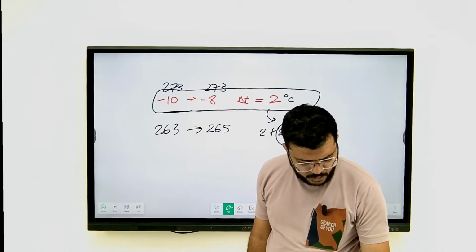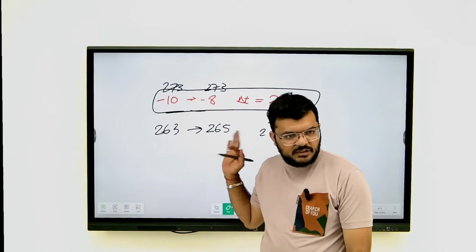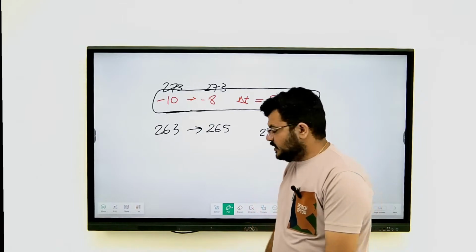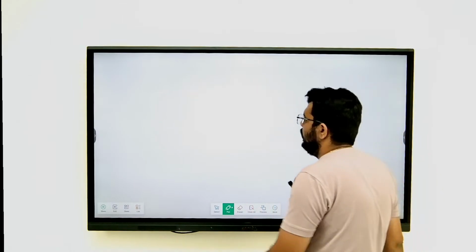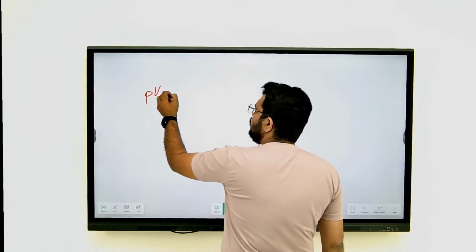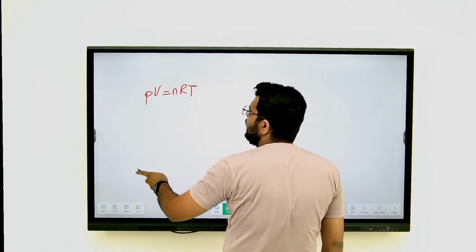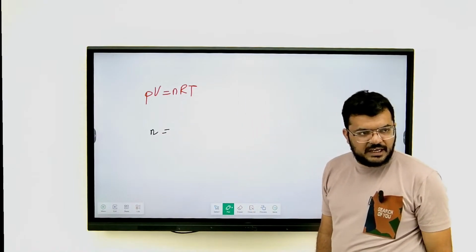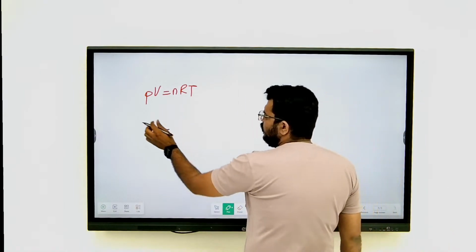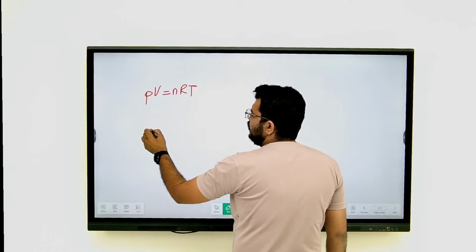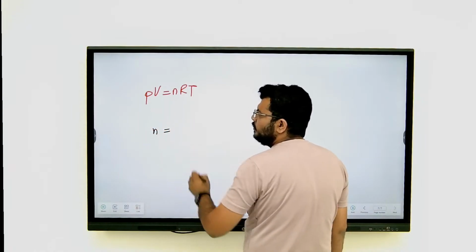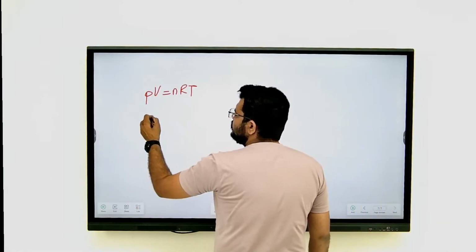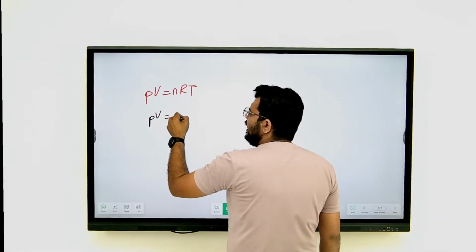They never ask you Boyle's law, they only ask you PV equals nRT questions. The equation you need to remember is PV equals nRT, where n is the number of moles. Now, this number of moles has number of particles also. So this equation can basically be written as PV equals NkT.